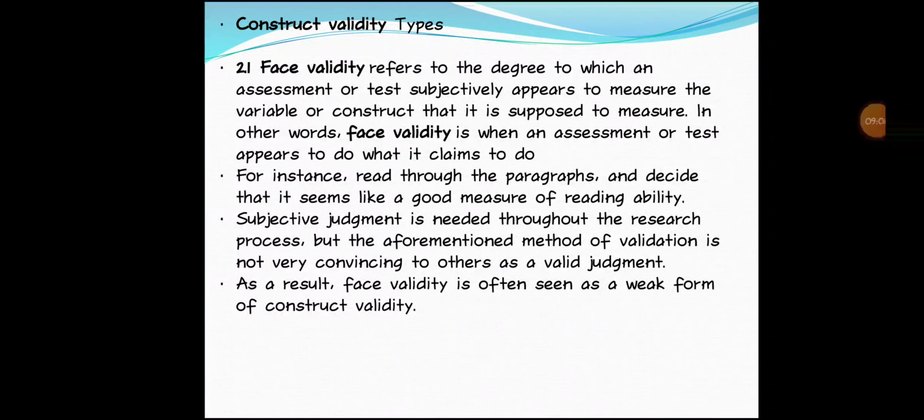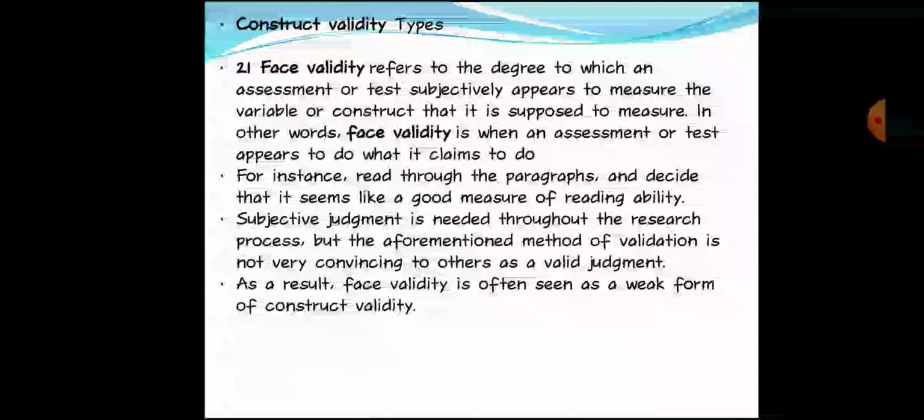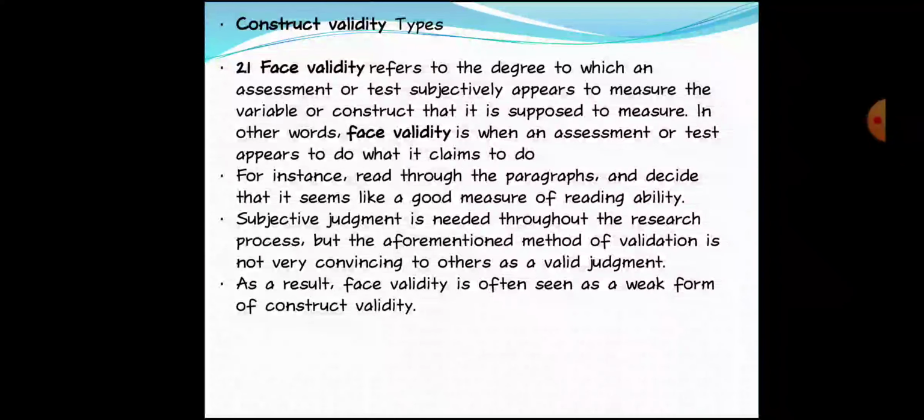Construct validity types. Face validity. Face validity refers to the degree to which an assessment or test subjectively appears to measure the variable or construct that it is supposed to measure. In other words, face validity is when an assessment or test appears to do what it claims to do.